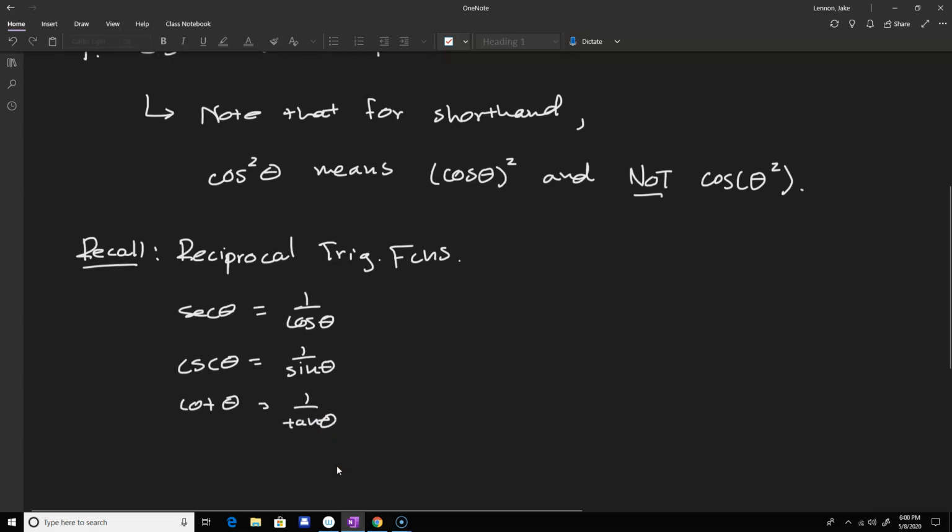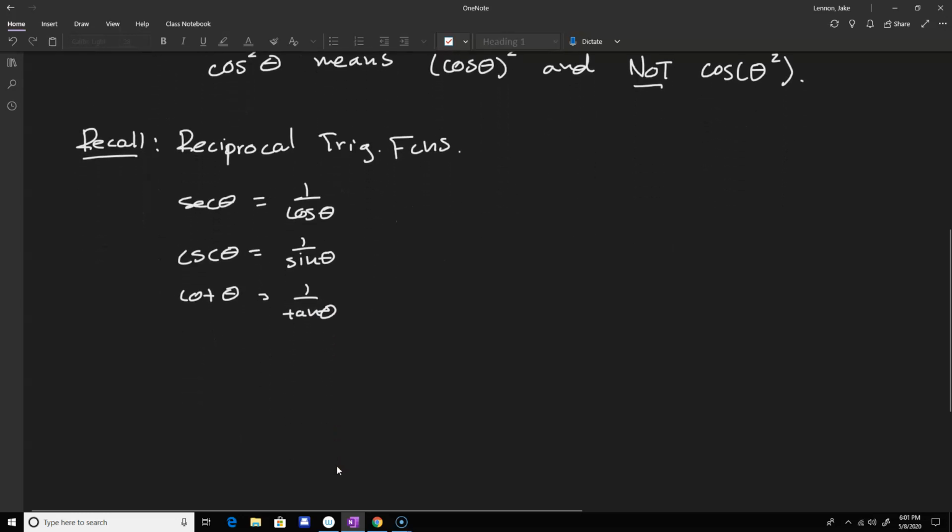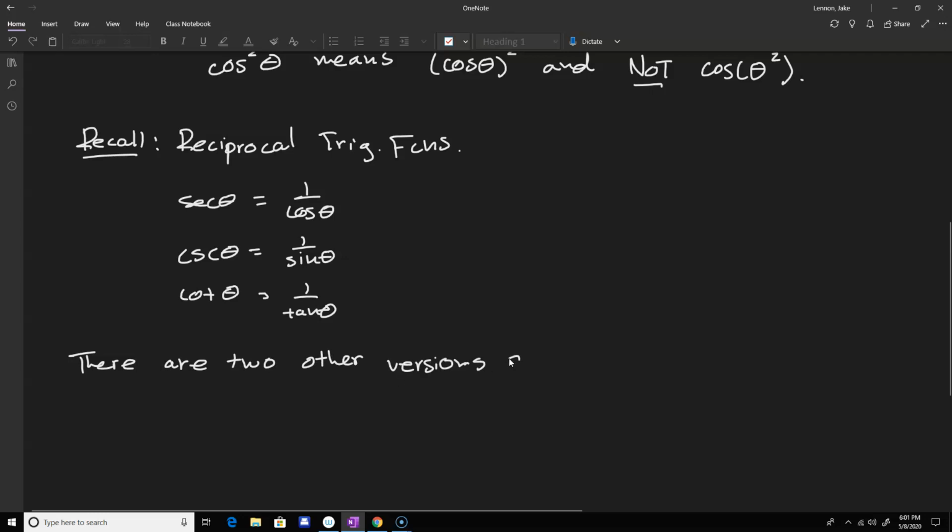So there are two other versions of the above trig identity, the Pythagorean identity. Let's just write down.